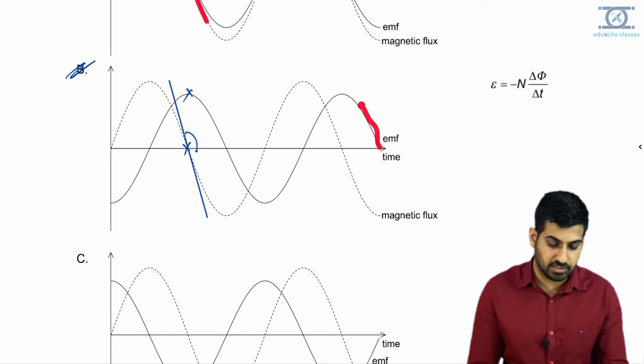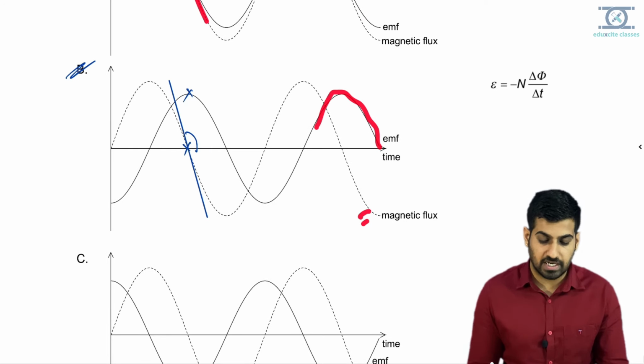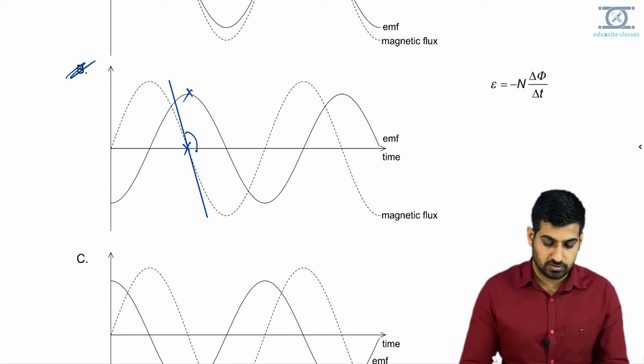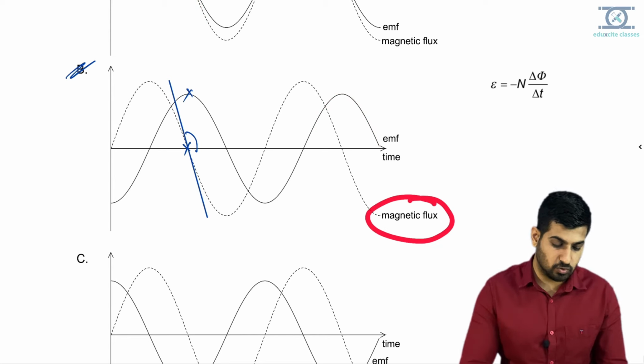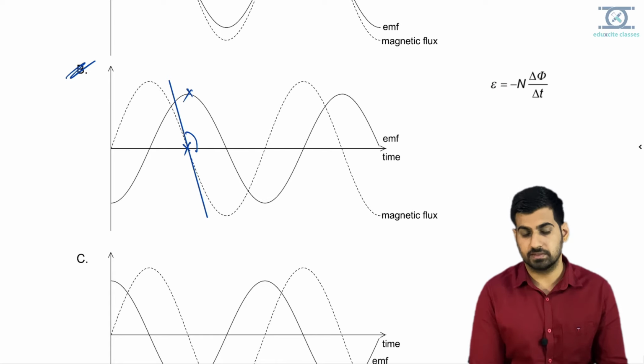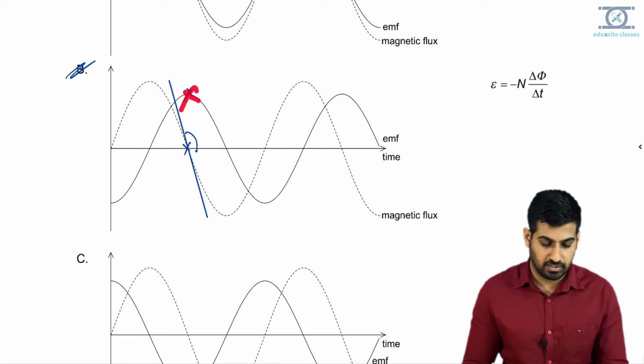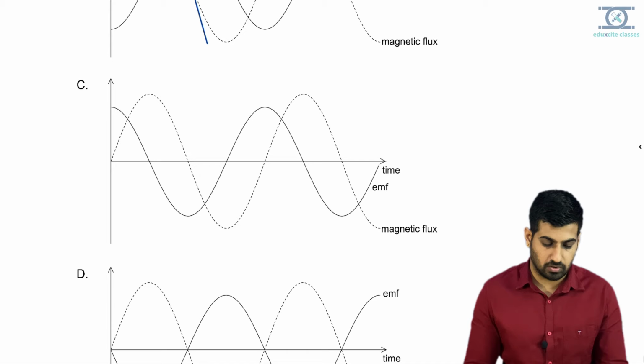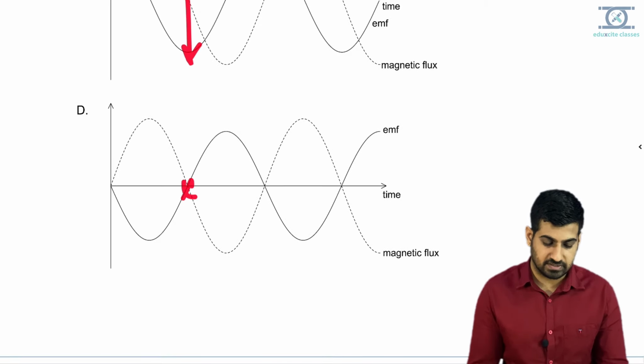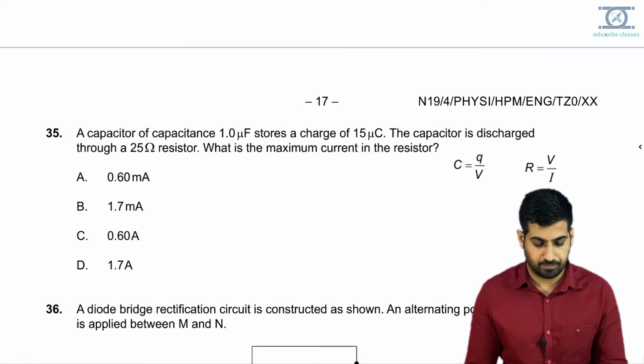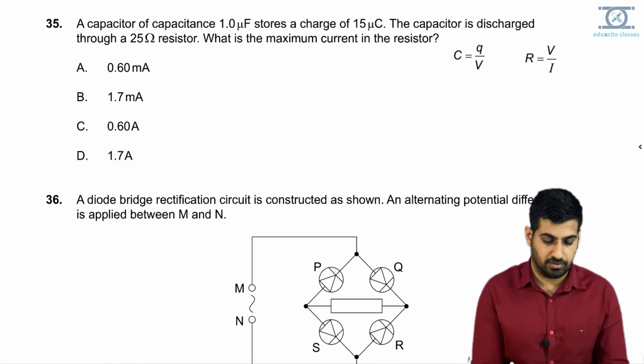The solid line is denoting the EMF and the dotted line is denoting the magnetic flux. So the change in magnetic flux, that is the slope at this point, is the maximum slope, the negative gradient. So at this point the induced EMF should be maximum. So only option B is supporting. In the rest, you can see it is negative and at the same point, so they do not support the answer.